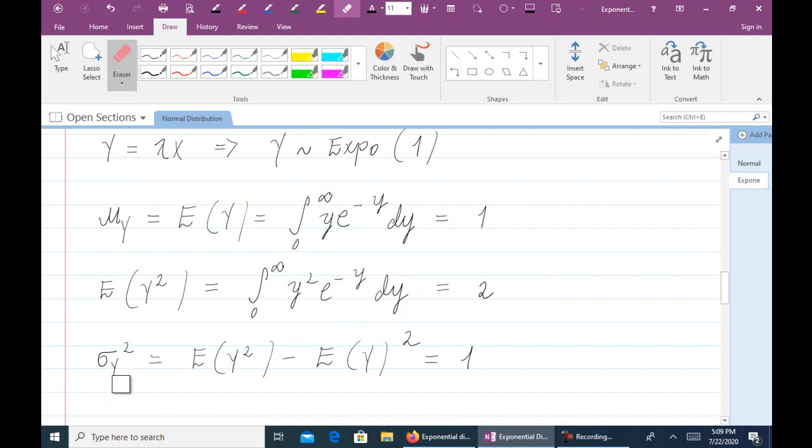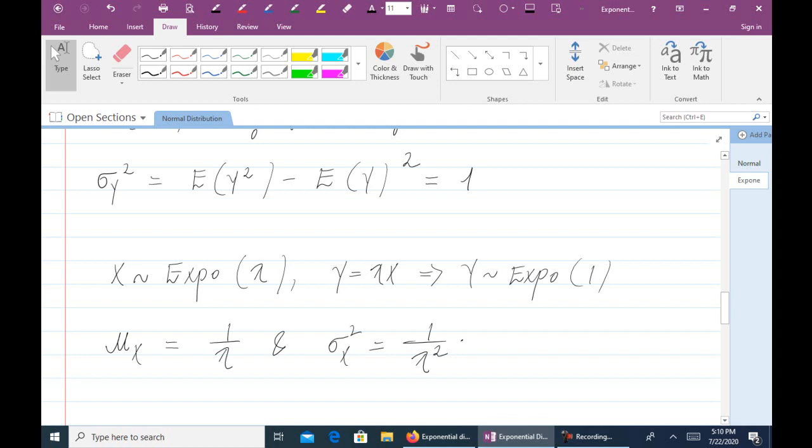So the variance of Y would be the expected value of Y squared minus the square of the expected value of Y, and if we subtract, we get 2 minus 1, which is 1. So if Y has exponential distribution with parameter 1, then the mean of Y is 1, and the variance of Y is also 1.